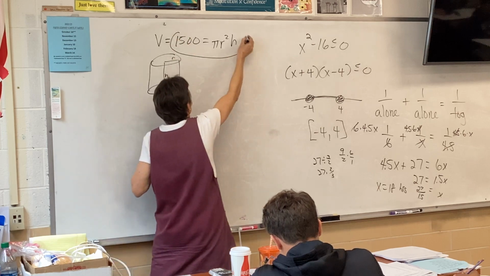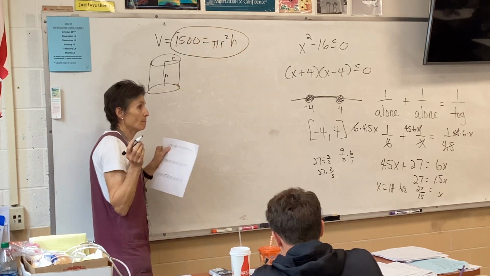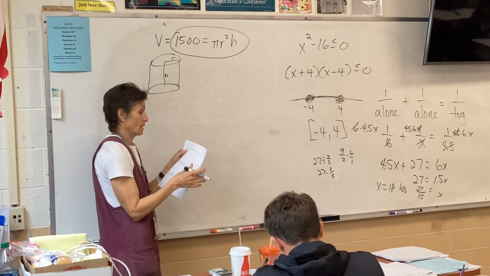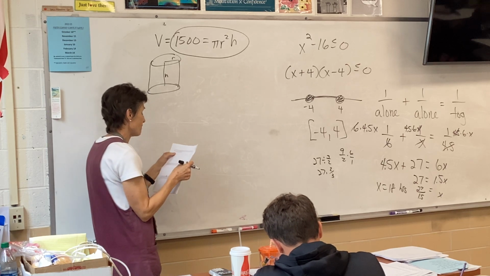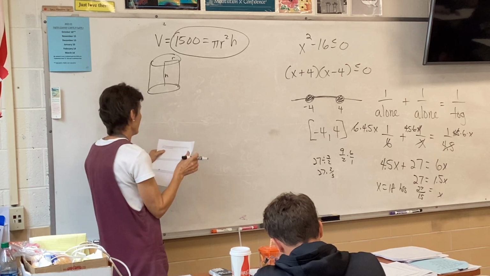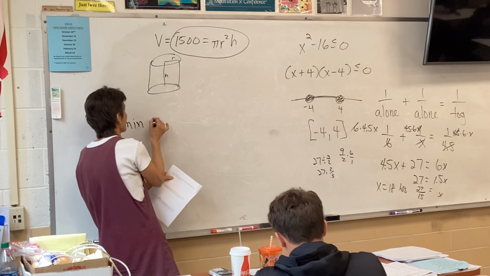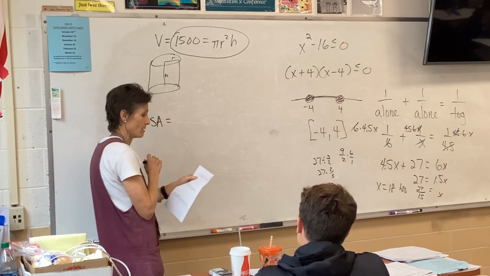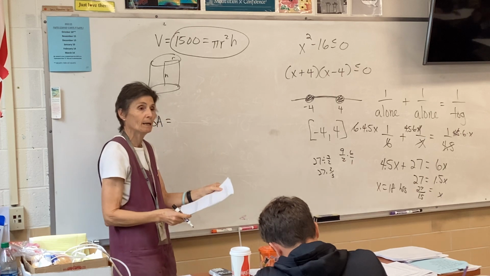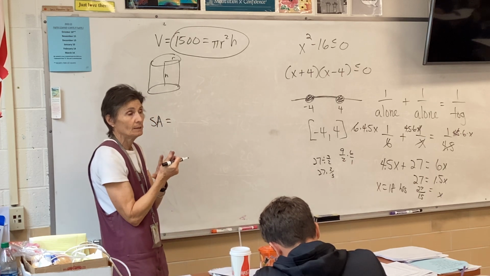So that right there is something. I have to find the radius of the can that will minimize the surface area. The surface area is the amount of aluminum I need to make the can, right?